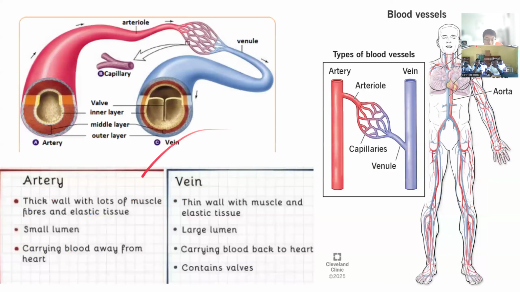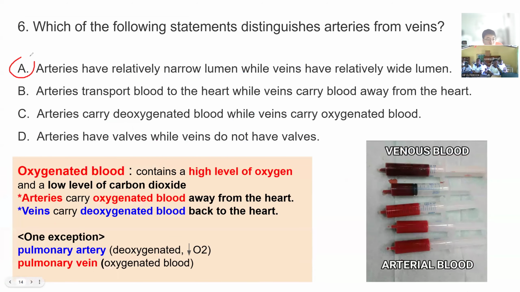And from these differences, we can see that arteries have small lumen, veins have large lumen. So that corresponds with A. And for B, arteries transport blood to the heart while veins carry blood away from the heart.